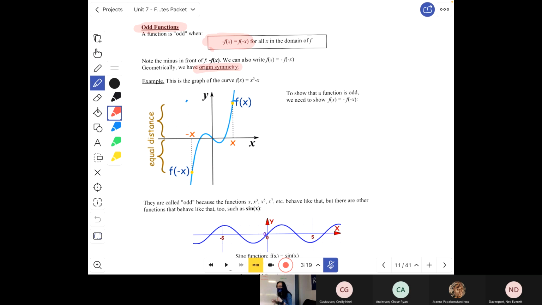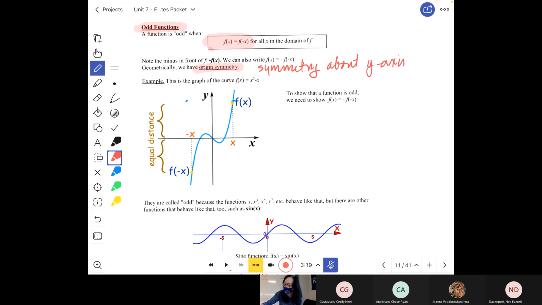It means we have origin symmetry. What is origin symmetry? Symmetry about the y-axis and the x-axis. So that's what it means to be symmetric about the origin. That means it's a reflection across the y and the x. So what does that mean?